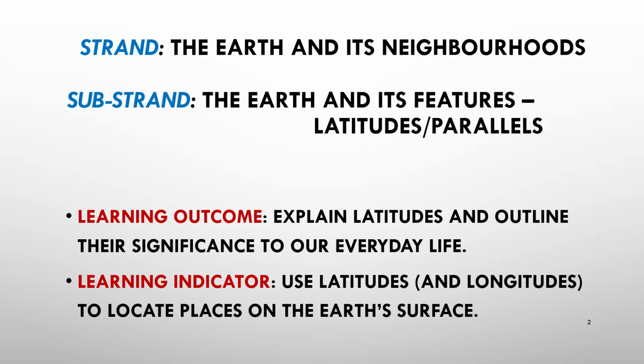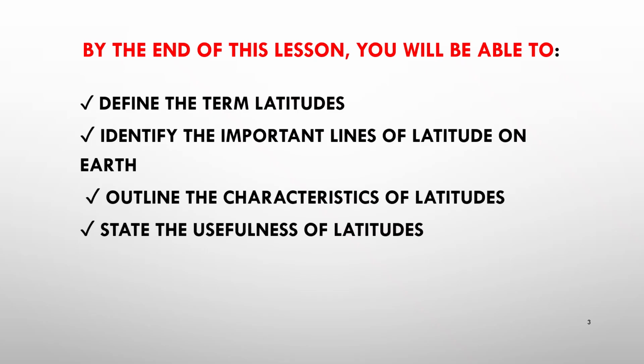Now, let me break down the specific objectives you accomplish today. By the end of this lesson, you will be able to: 1. Define the term latitudes. Thus, you understand what latitudes are and the terminology associated with them. 2.